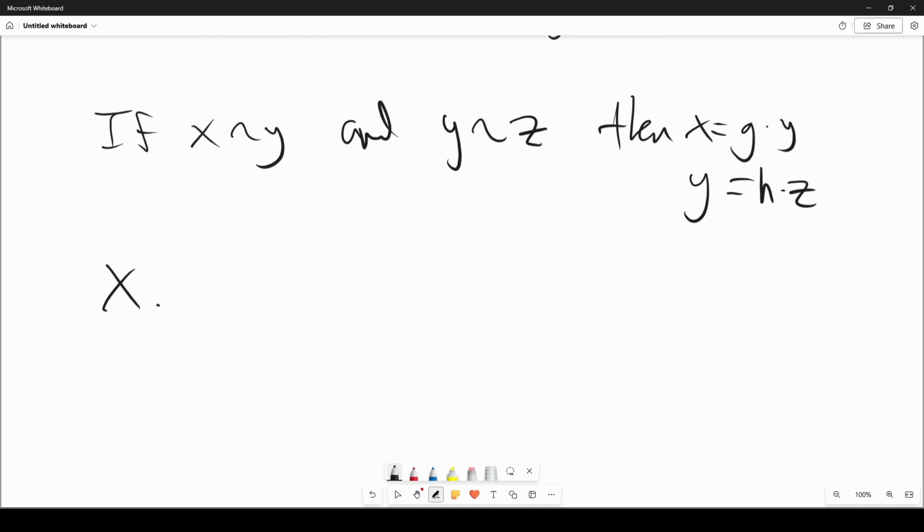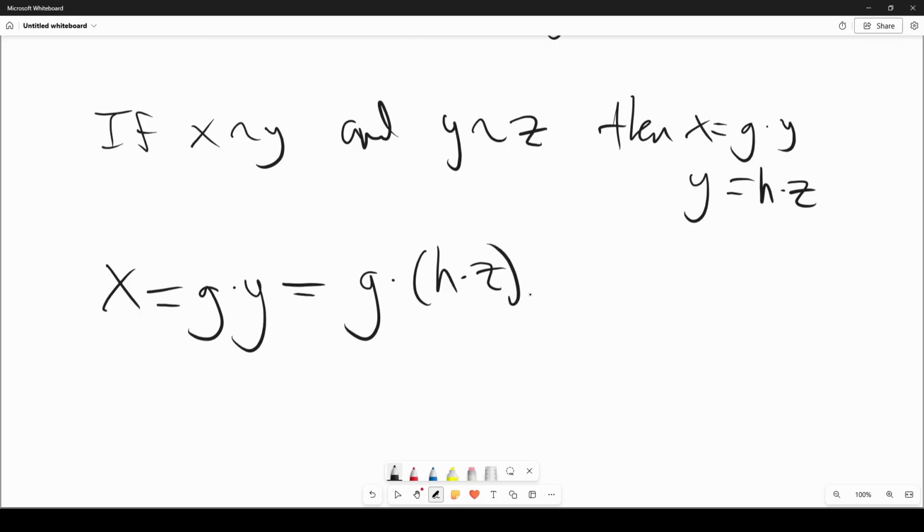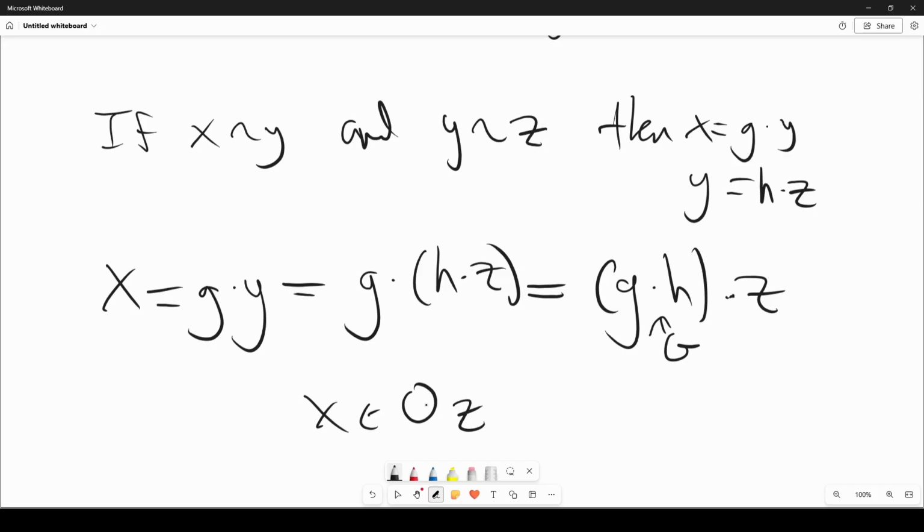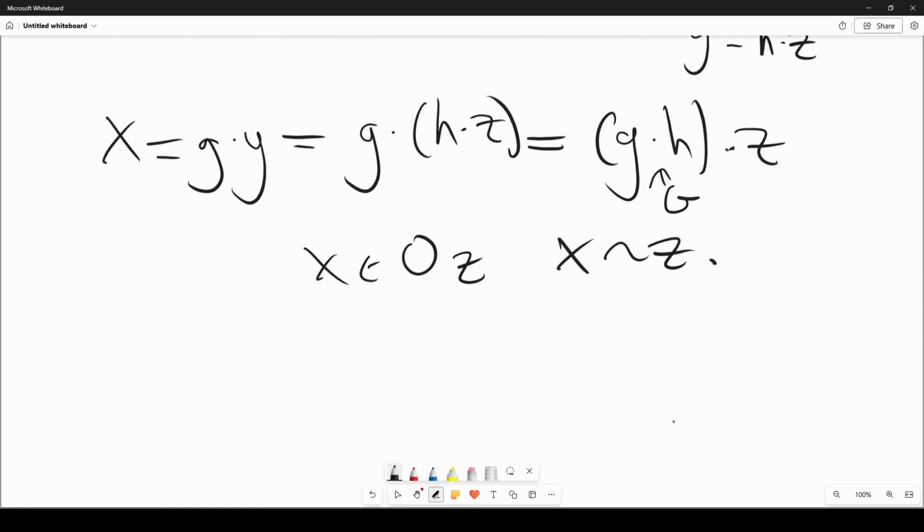We can say X is G dot Y, and if I rewrite Y as H dot Z, and then use our group action law to move the parentheses, G dot H dot Z, well, since G H is just another element of the group, this is just in G, then that means X is just in the orbit of Z, or X is equivalent to Z, which proves transitivity by our equivalence relation rules.